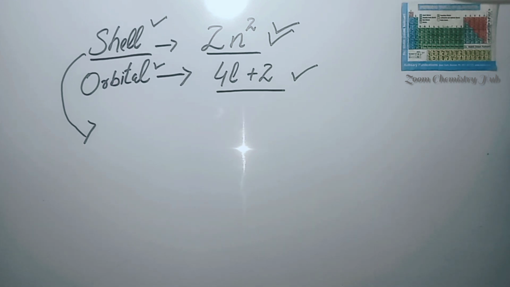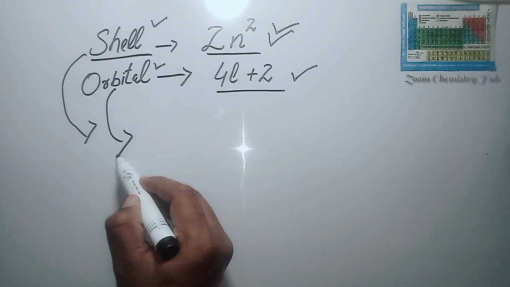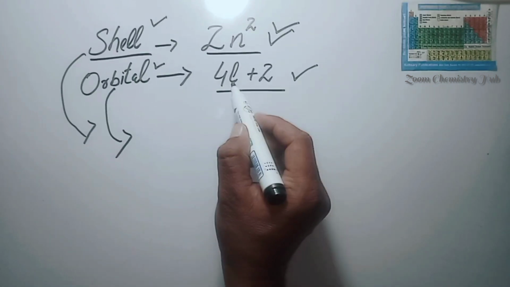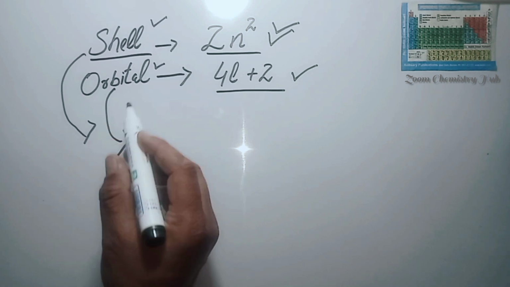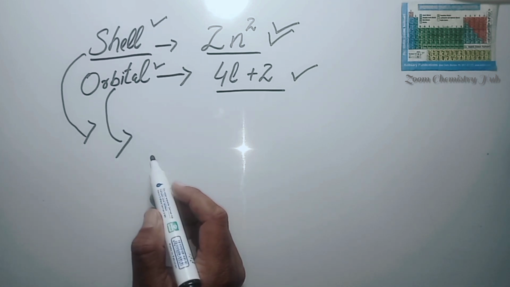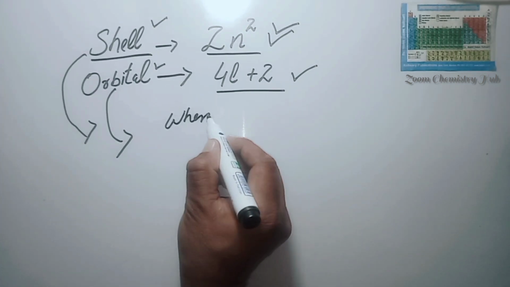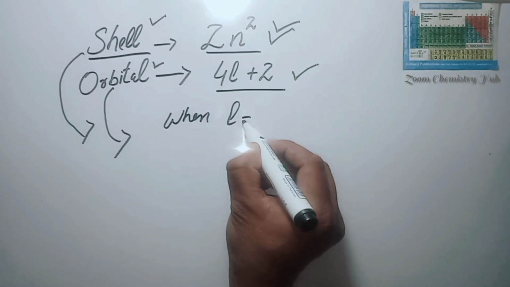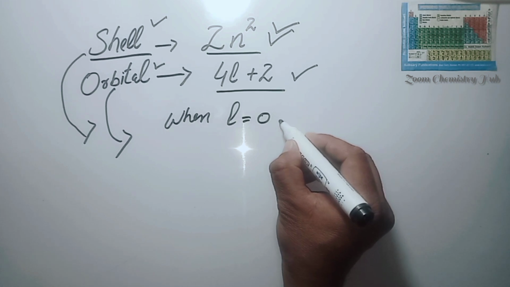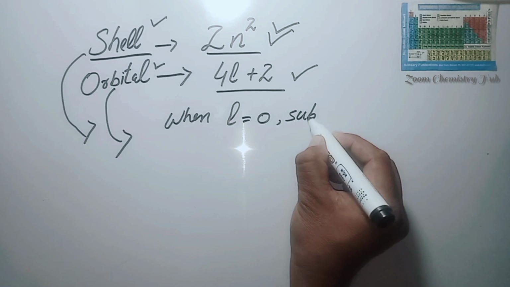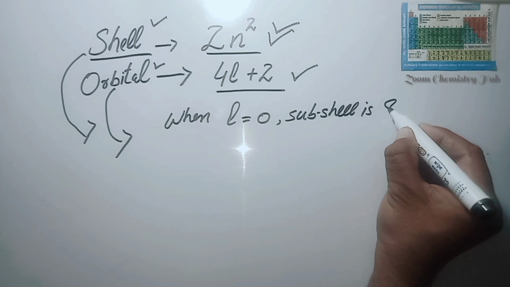Now we will calculate the maximum number of electrons in the orbital. We use the formula 4l plus 2 for the distribution of electrons in the orbital. For example, we know that when the l value is equal to 0, then the subshell is s.